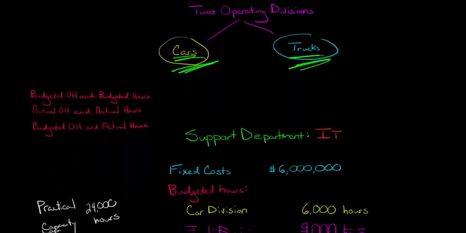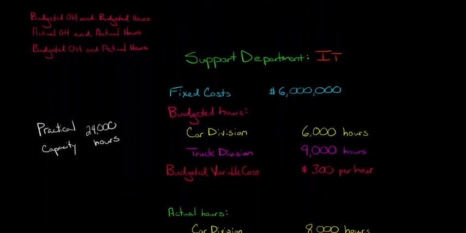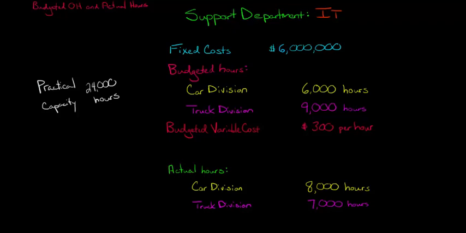So one way that you could go about allocating the cost of the IT department is that you could take all the fixed costs and you could take the variable cost that you expect based on the budgeted hours for each division.